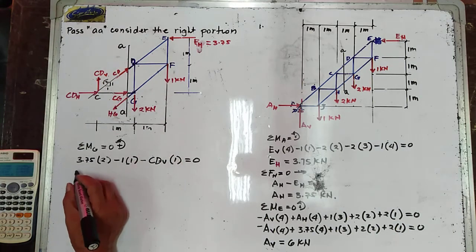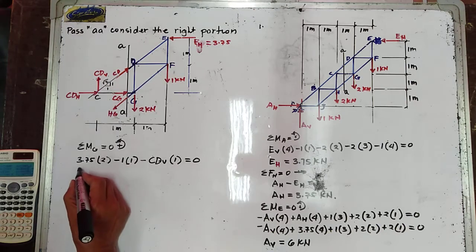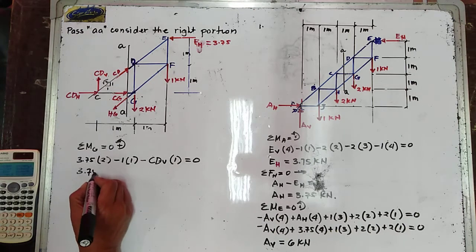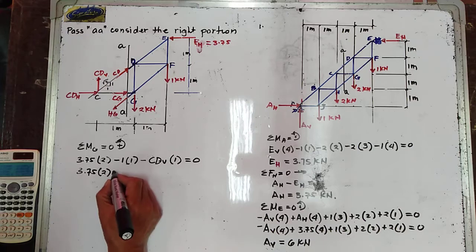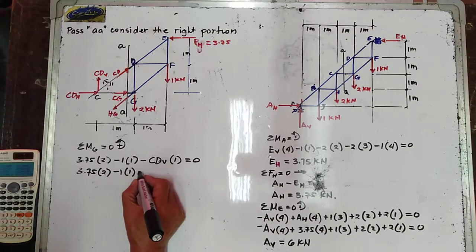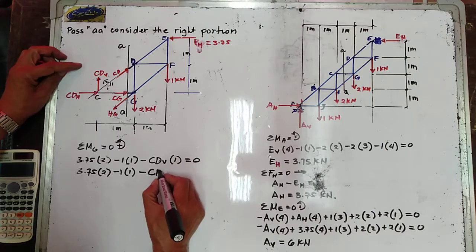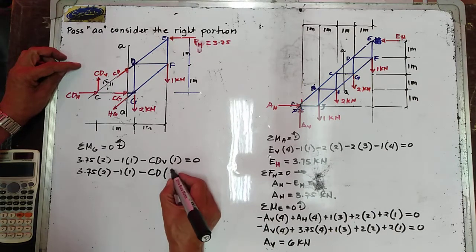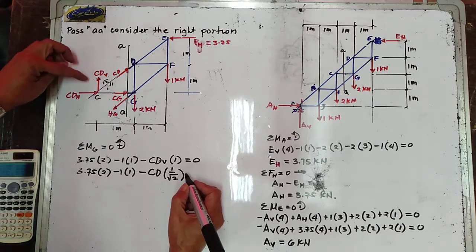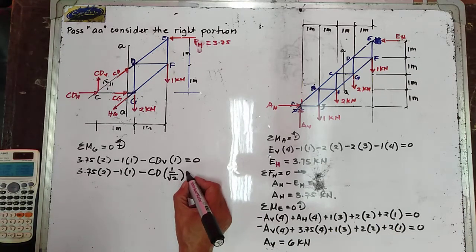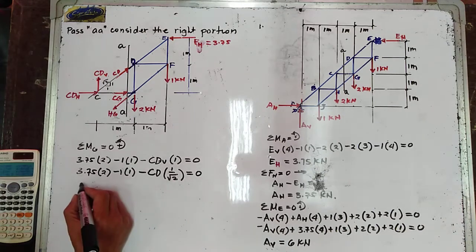So we now have 3.75 by 2 minus 1 by 1 minus CD vertical, which is equal to CD multiplied by 1 over the square root of 2, so it's a vertical component of CD. And that is equal to 0.